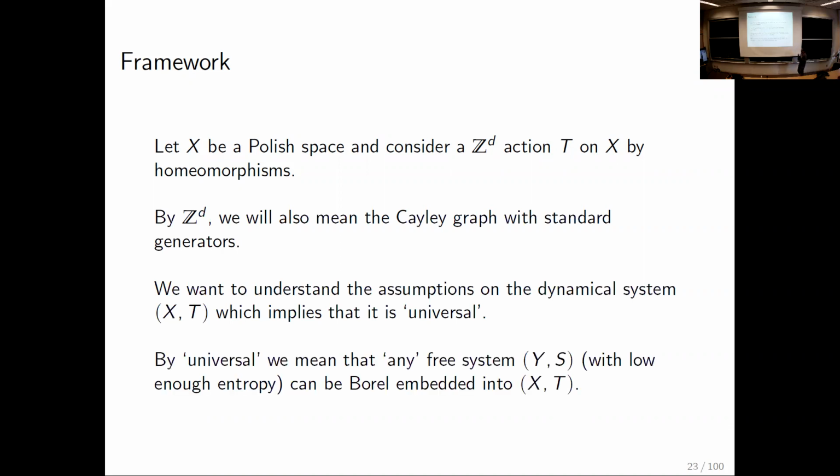Universality means that if I take any other system which is free, meaning that there are no periodic points, then I can embed it inside the space X. So I have two dynamical systems, and I want to understand when do I have enough freedom such that I can embed any other system which is reasonable.